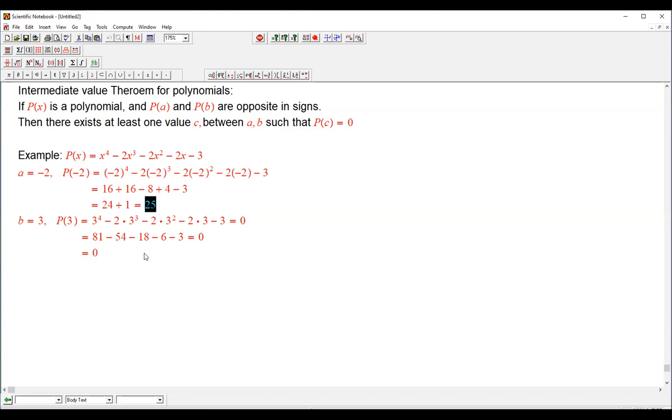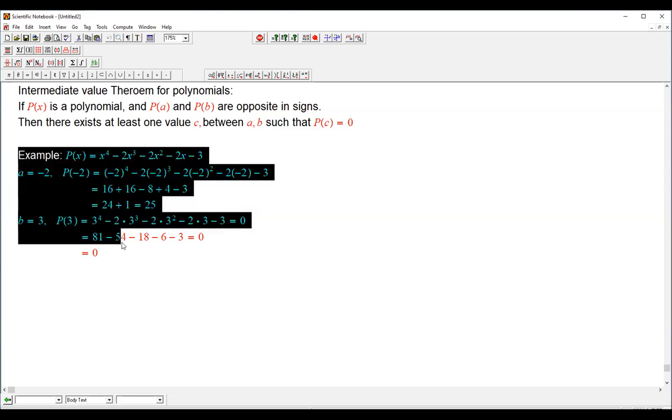They're not opposite in sign. Therefore, in this case, this theorem does not apply because P of A and P of B are not opposite in sign. P of B is 0. If P of A is positive and P of B is negative, then we can apply. Okay, but no big deal.